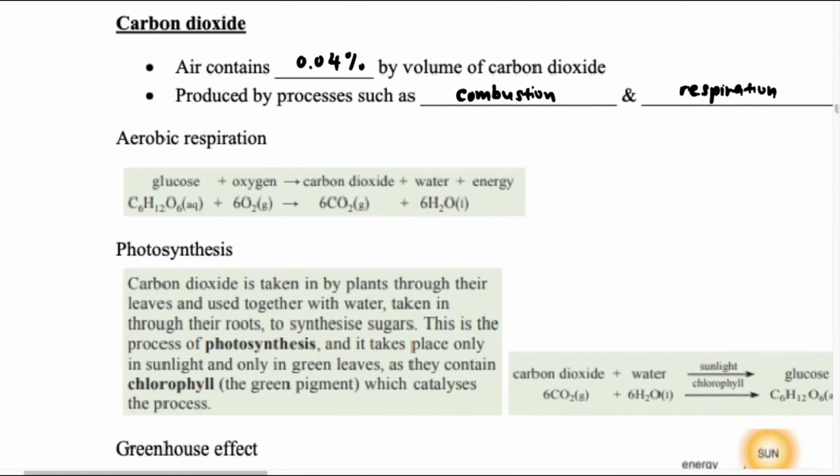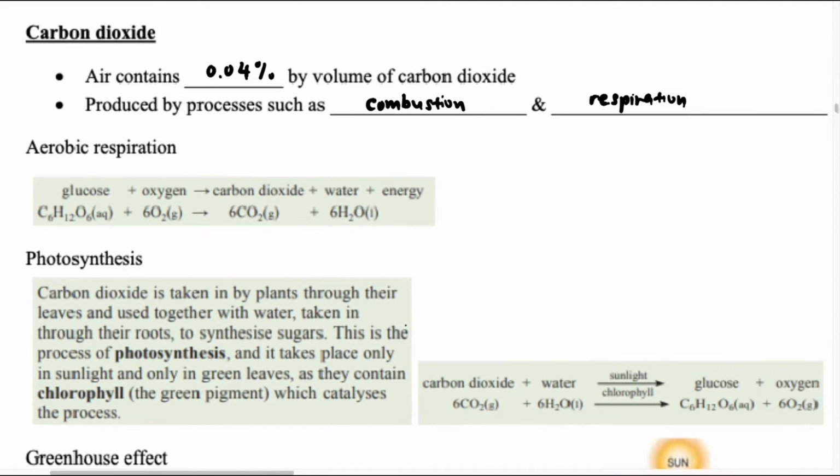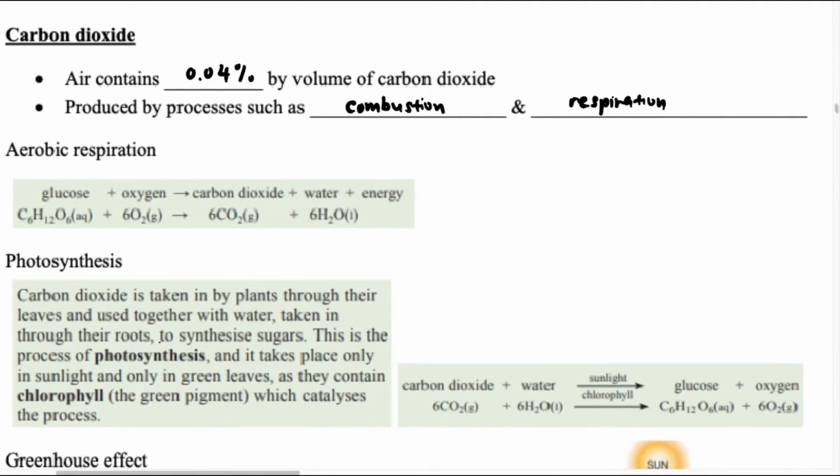Okay. Photosynthesis. Carbon dioxide is taken in by plants through their leaves and used together with water, taken in through their roots, to synthesize sugars. So the sugar here is glucose. This is the process of photosynthesis, and it takes place only in sunlight and only in green leaves, as they contain chlorophyll, the green pigment, which catalyzes the process.